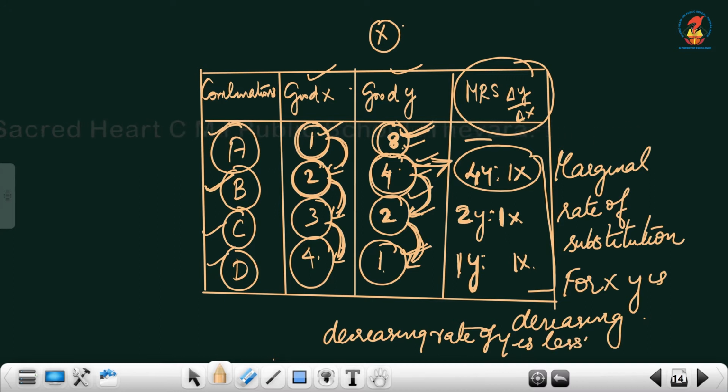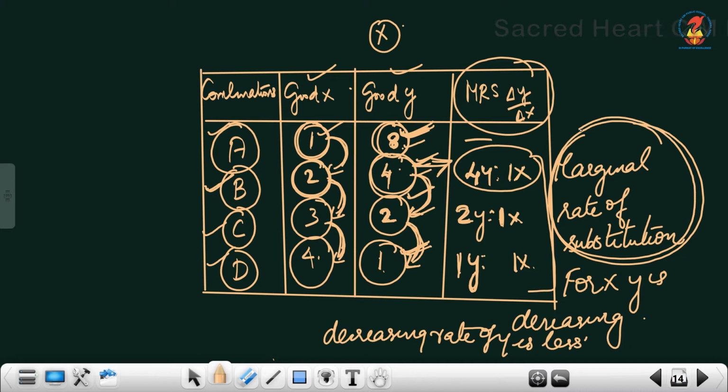So what do we call this? For X, Y is decreasing, Y is sacrificing. That is known as marginal rate of substitution. Once again I am telling, Y is decreasing from 8 to 4, 4 to 2, 2 to 1 for gaining of X. That rate of sacrifice of Y is known as marginal rate of substitution.